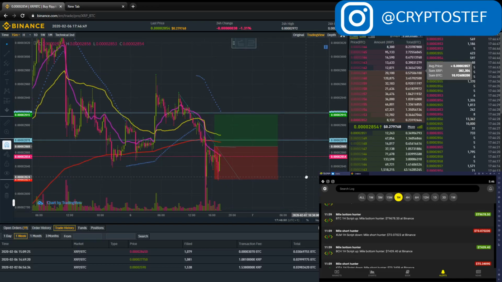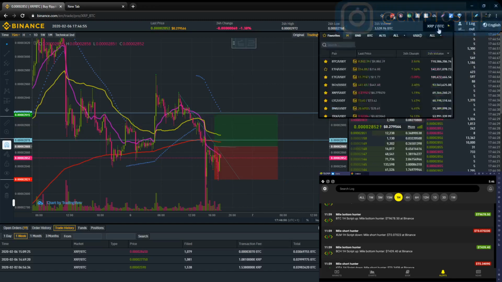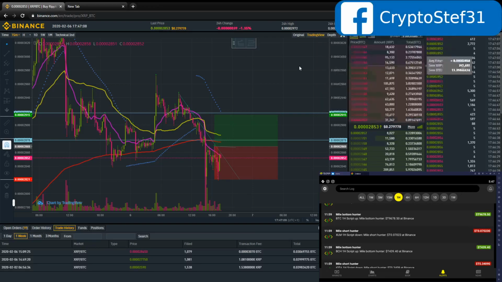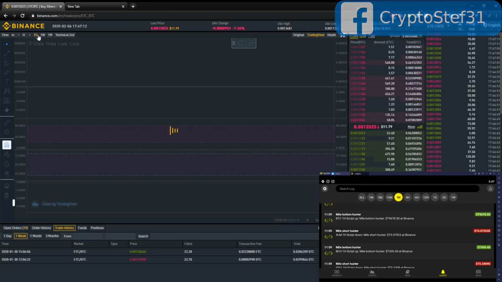And that's for XRP, but I don't see any bullish signs on this 15 minute chart if you're scalping, because Bitcoin is pumping, and when Bitcoin is pumping, everything else with a BTC pair is dumping. Like look at ETC BTC.